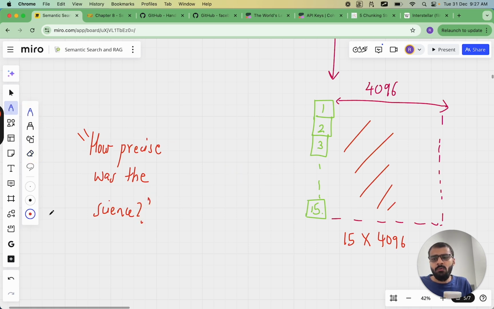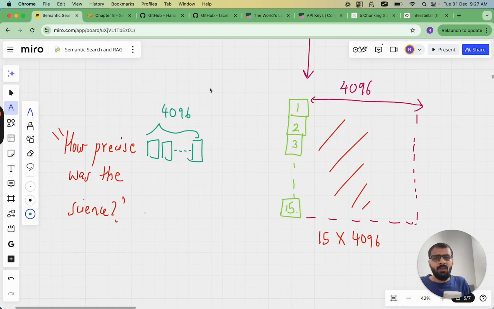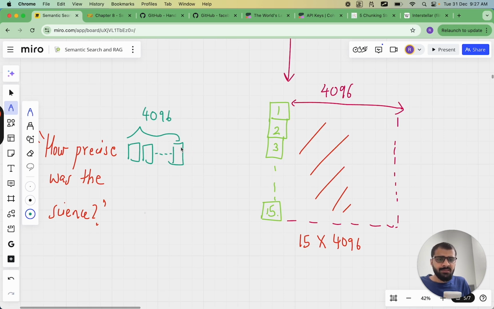And then this query also was embedded into a 4096 dimensional vector, and then we found the distance of this vector with all of these vectors. And we discussed several distance metrics yesterday, including the Euclidean distance and the cosine.